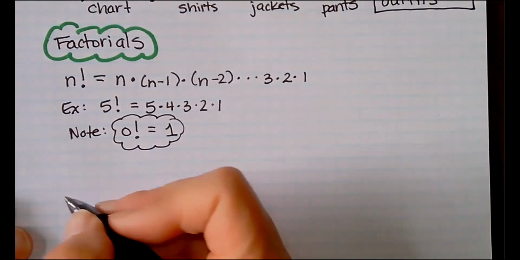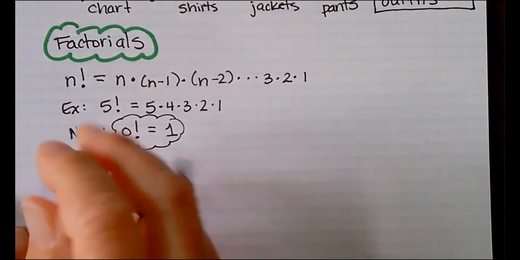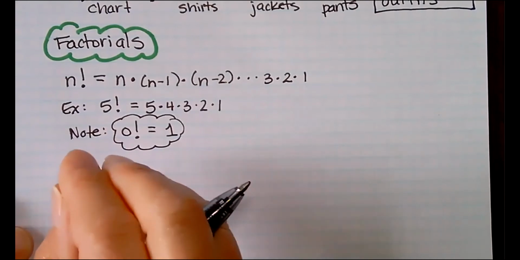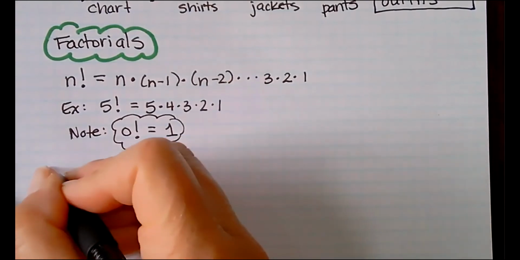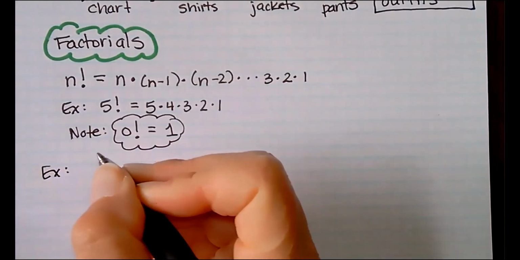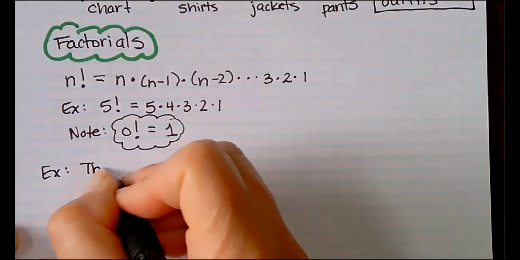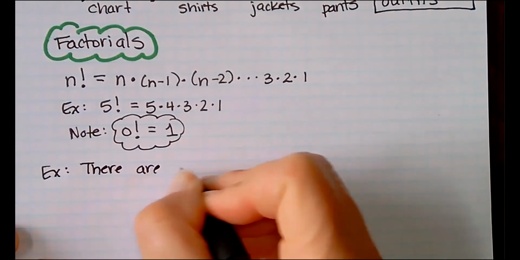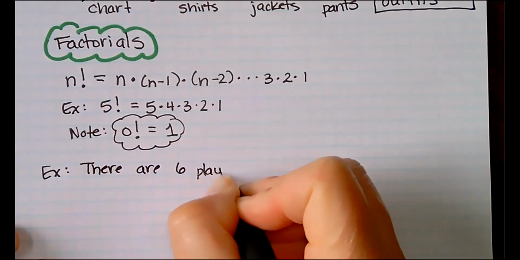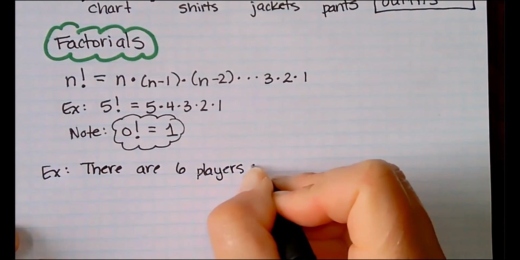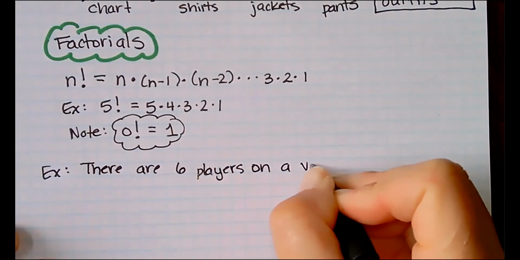So now I want to just add in 2 examples using the factorials with what we were doing earlier. So let's say, for example, there are 6 players on a volleyball team.